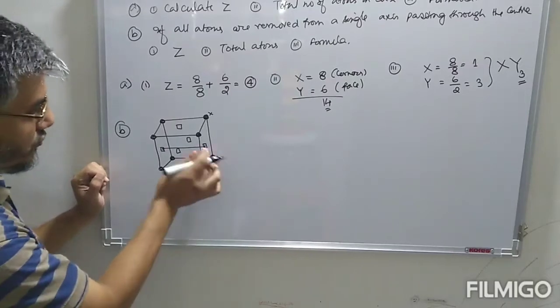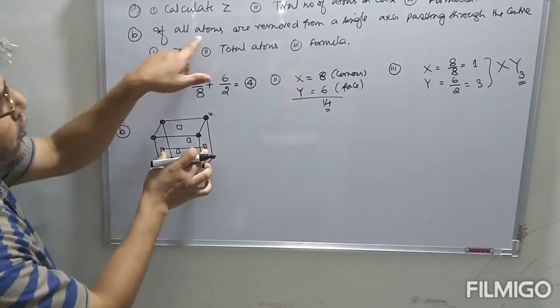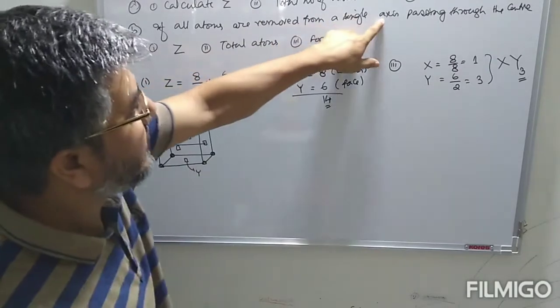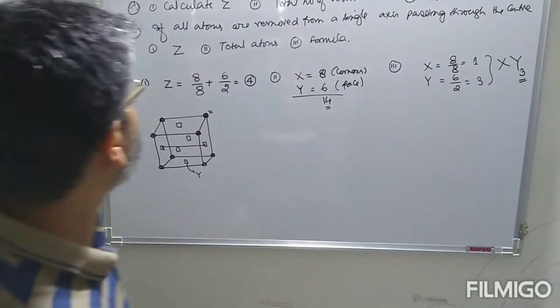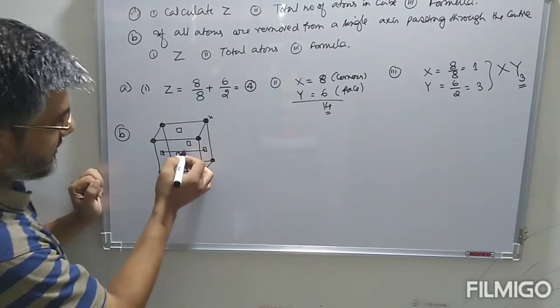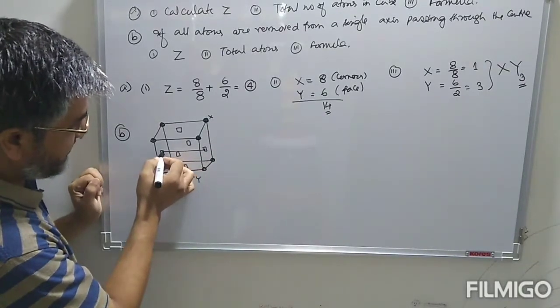So you are removing these two face center atoms. All atoms are removed from a single axis passing through the center of the cube. So this is the center of the cube, and we have this axis passing through the center.